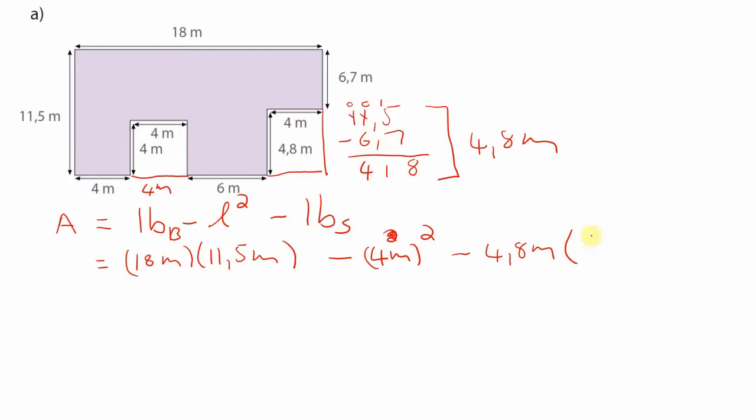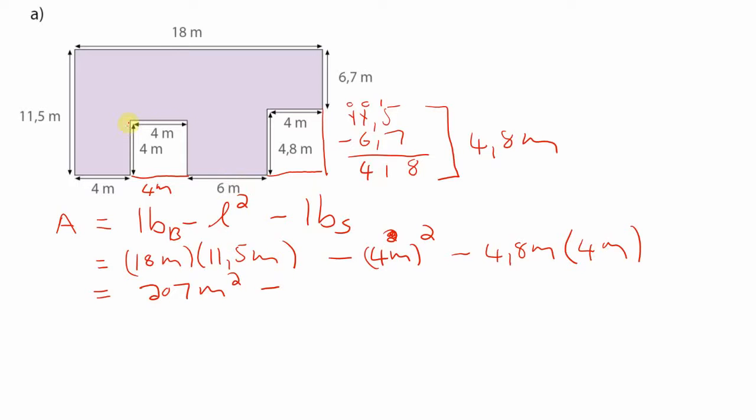And the breadth is 4 meter. So now we can calculate each separate area. So firstly we have 18 times 11,5, which results in 207. Meter times meter is meter squared. So that's the whole big shape if there were no gaps.